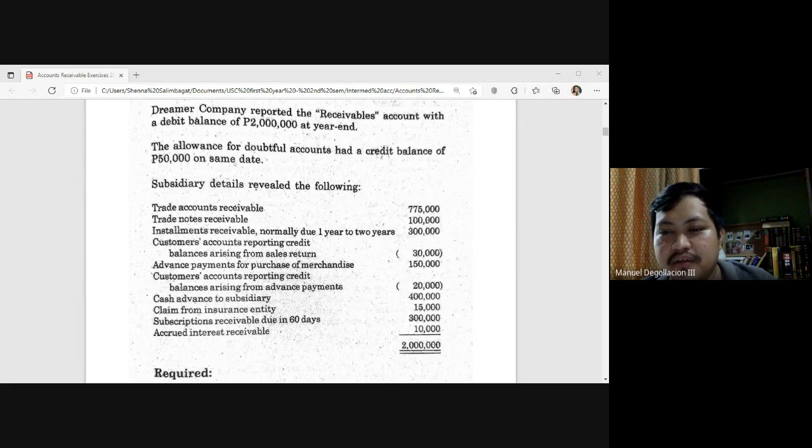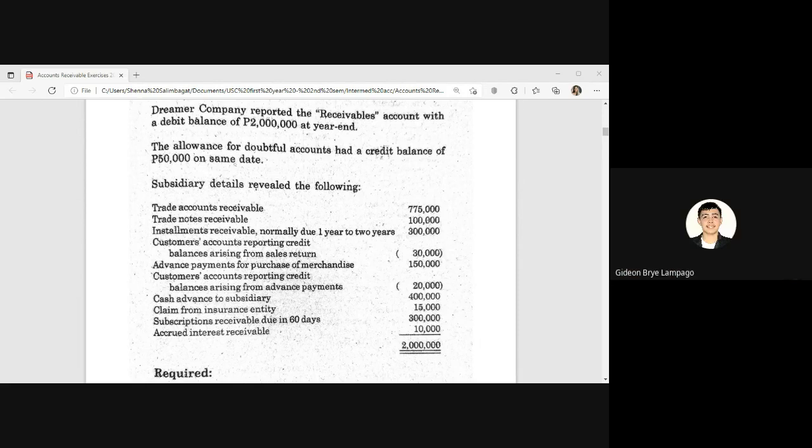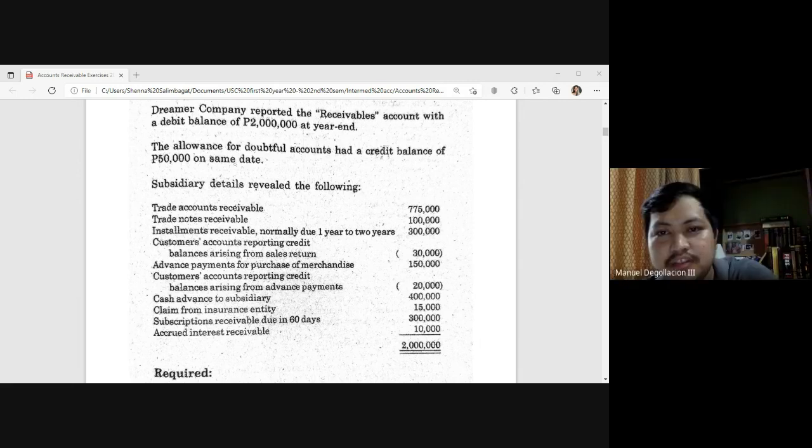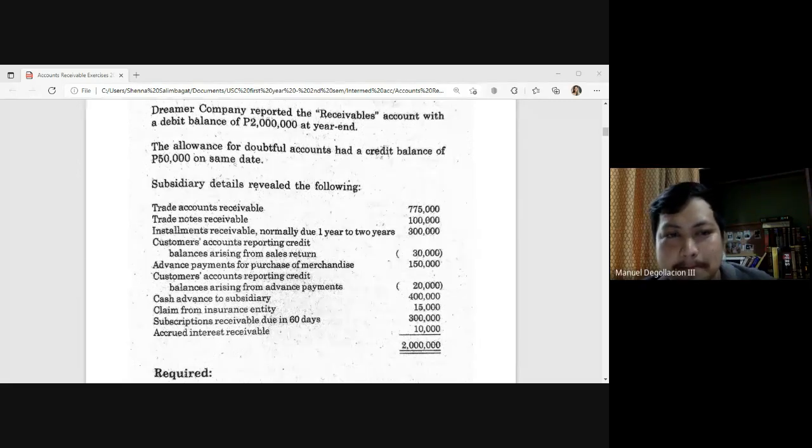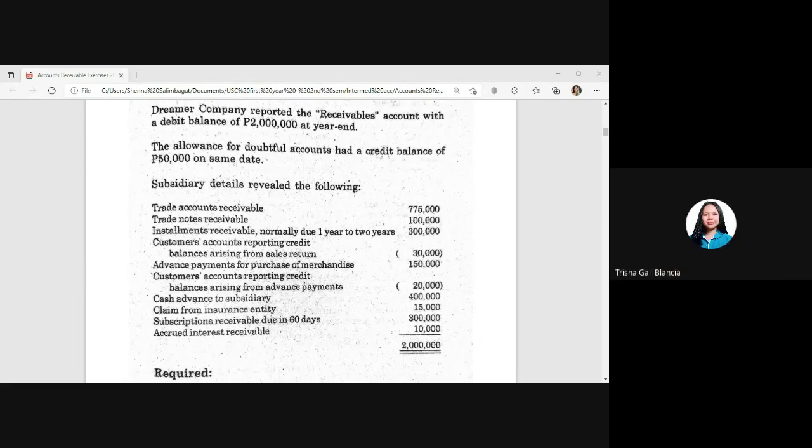Mr. Lampago, give me another number between 1 to 40. 7, sir. Blancha? Yes, sir. Do you agree with your classmate's answer? I think, sir, it is a current asset, and it's a trade, sir, because of the word sales return, sir.